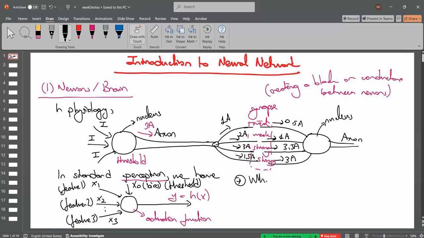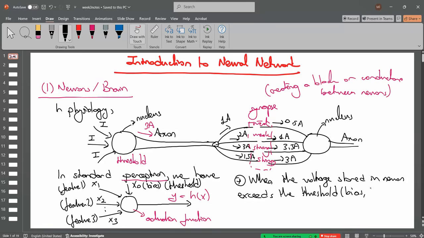Okay, and so if you want to design this concept or the perceptron based on this information, and so when the voltage stored in the neuron, which is called the activation function, exceeds the threshold, which we call the bias value or the X0 value, and so the current is triggered, just like in the physiology, as Y. Okay.